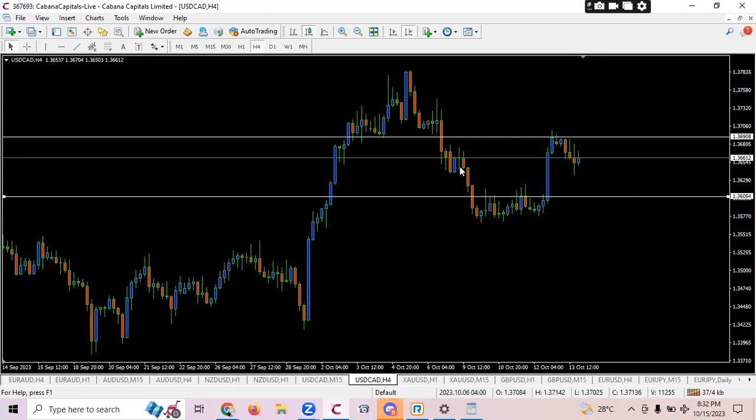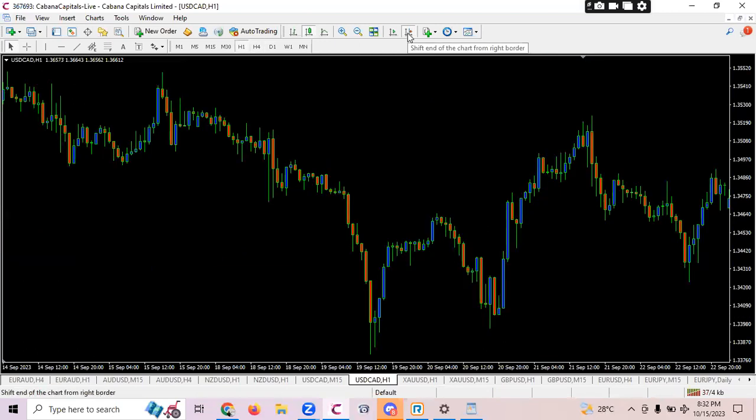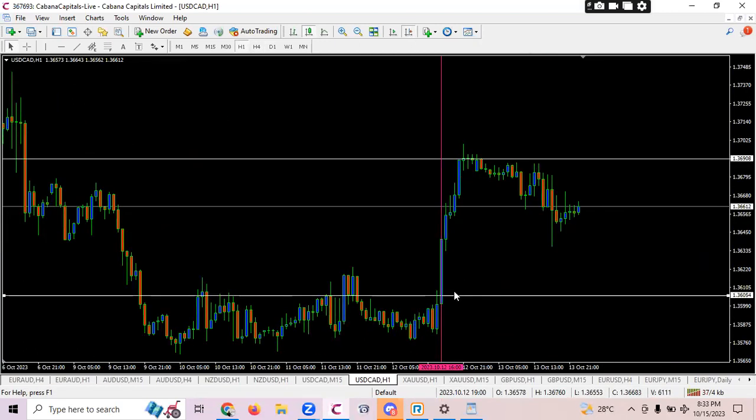So let's go to 15 minutes to identify the fair value gap. Oh, sorry, 1 hour. Let's go to 1 hour first. The fair value gap on 1 hour is this, the high of this candle and the low.